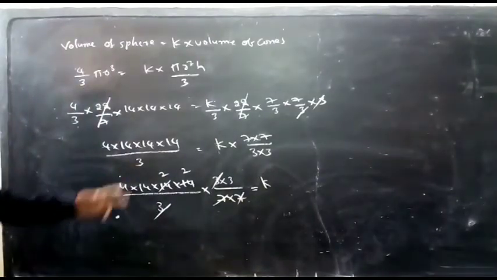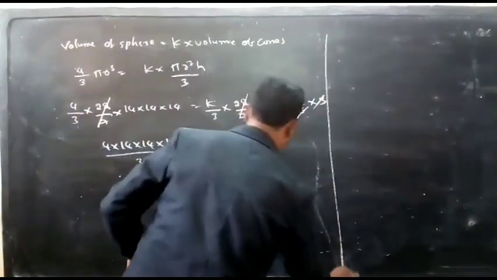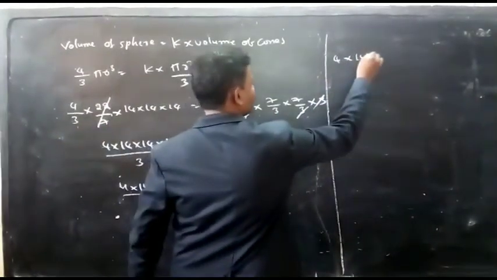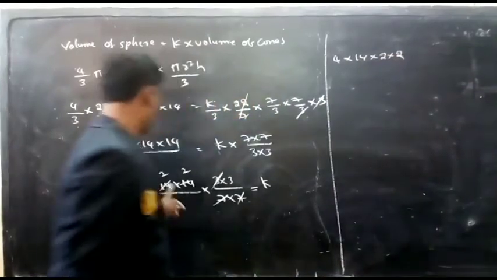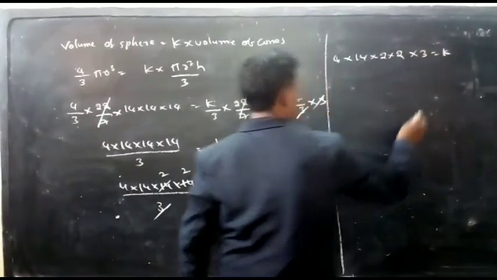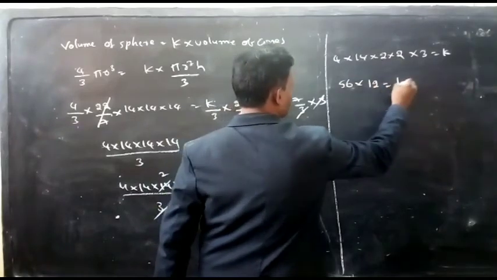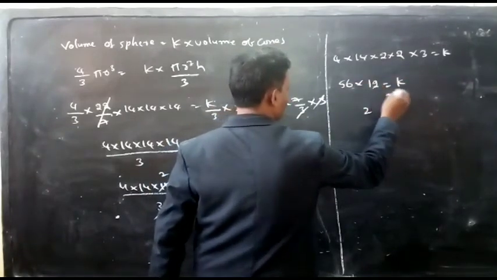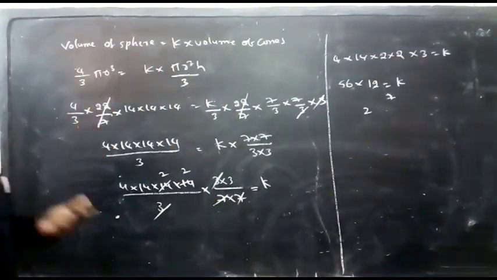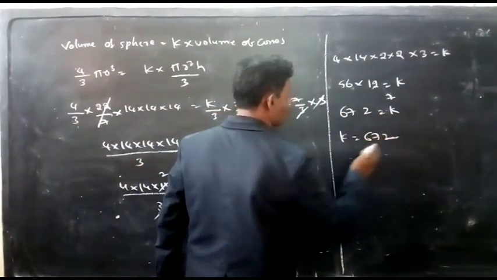What is remaining here? 14. 4 into 14 into 2 into 2 into 2 into 3 is equal to k. 14 4s are 56, into 12 is equal to k. 56 into 12 is 672. So k is equal to 672.